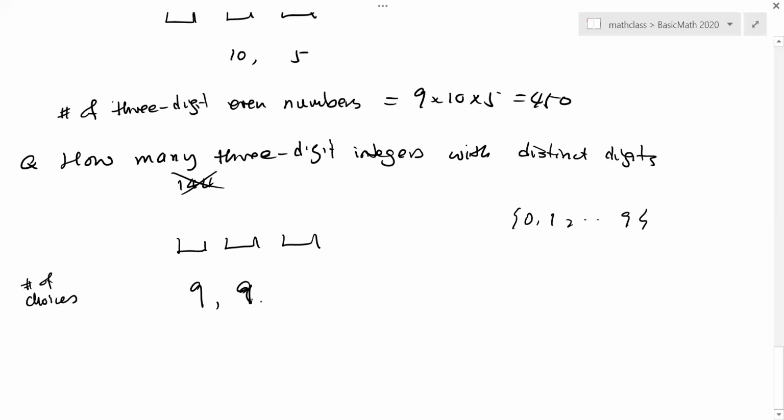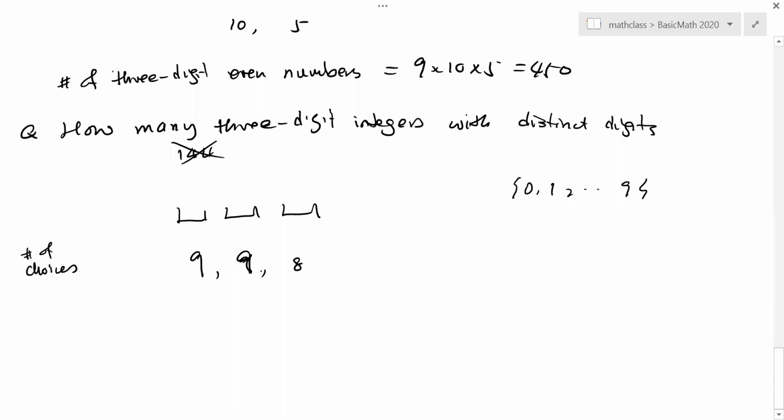Then the third one, the units digit. How many choices do you have? Well, you already selected 2 digits. You cannot use them. So there will be only 8 choices.